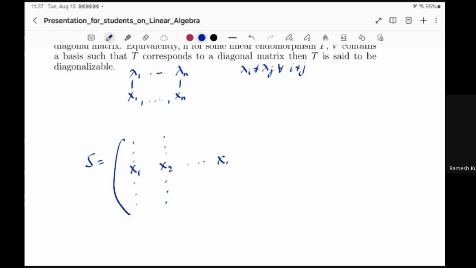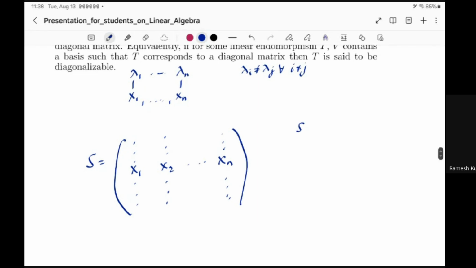And in the last column, you write xn. If you define S that way, then S inverse AS is going to give you a diagonal matrix, but not just any diagonal matrix. It is going to give you the diagonal matrix where the diagonal is occupied by the eigenvalues, and the other entries are just 0.